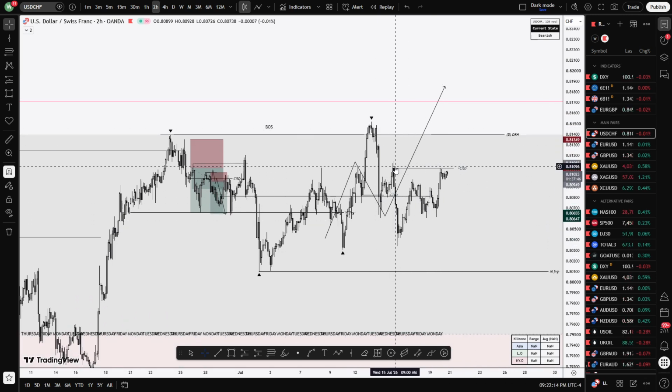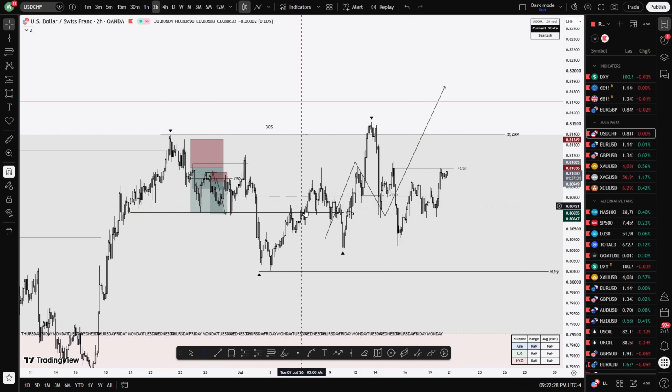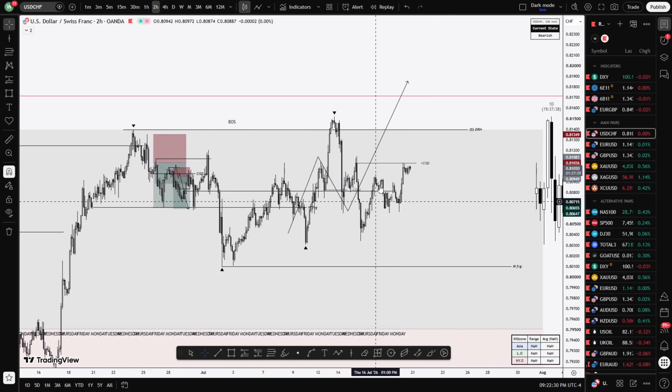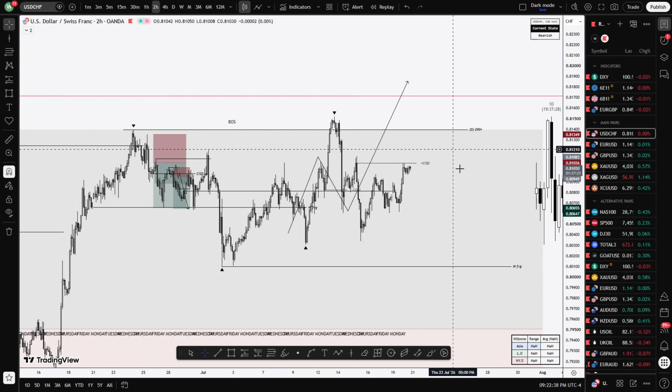Once we break above this high, you should look to maybe take advantage of the pullback around this side. If you get your entry signature here, then you can just join and target the highs.